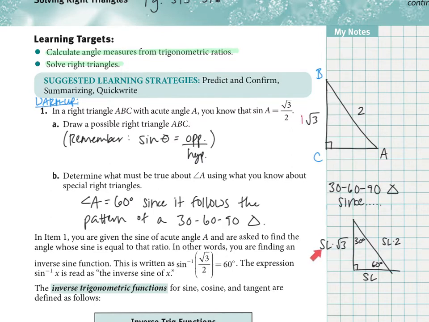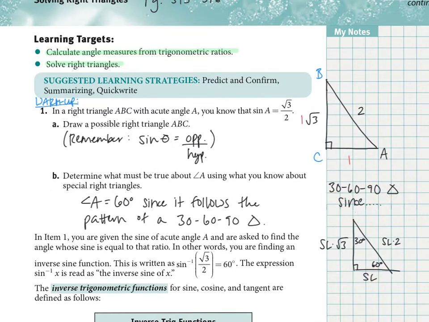So we could treat that as our long leg, correct? So really our short leg, this length right here, is going to be a length of 1. And to double check, remember, to get the hypotenuse, it's the short leg times 2. Hey, what do you know? I take 1 times 2 and I get 2. So that's how I know that this relationship is a 30-60-90 triangle.